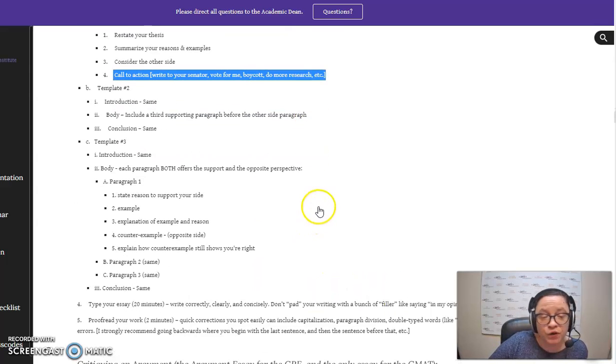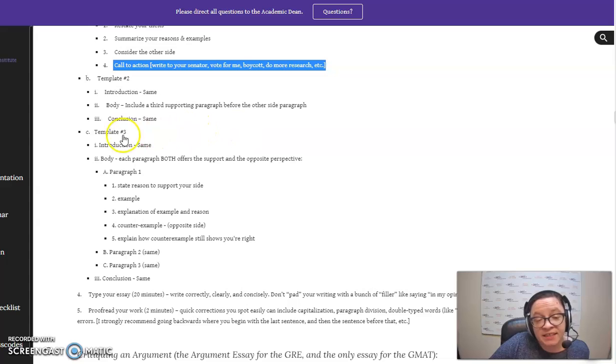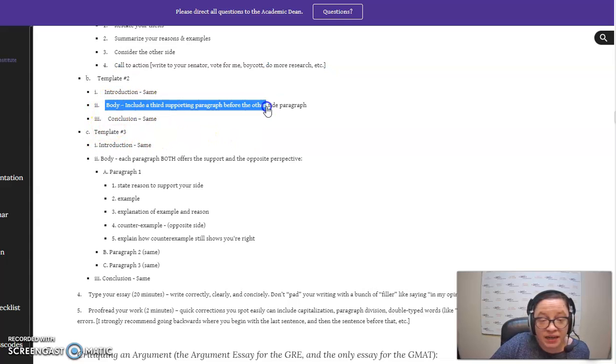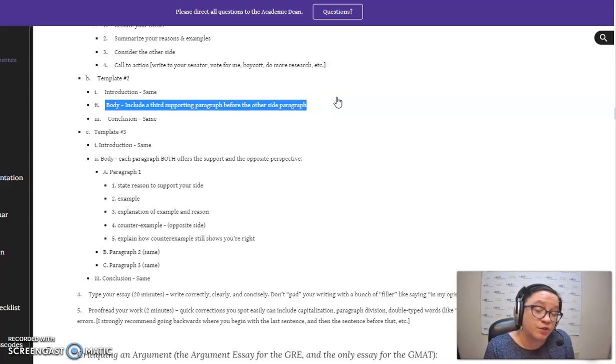And that's just the first template. The second template suggests that the body instead include a third supporting paragraph before the other side paragraph. So that would actually make it a 6-paragraph essay, which longer is usually approved of as showing more depth of thought.